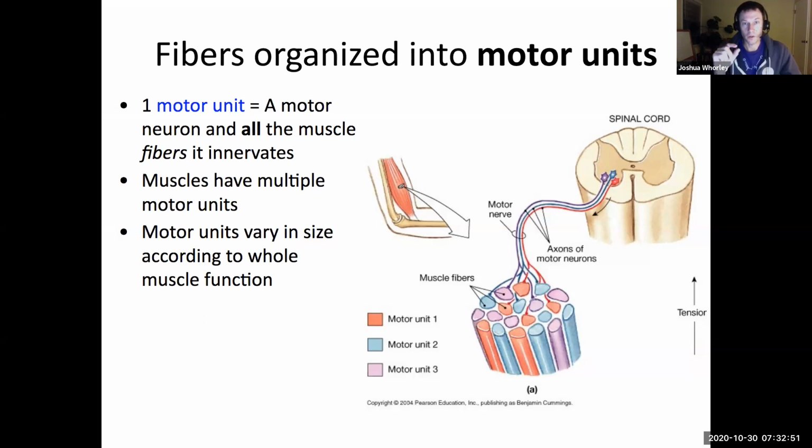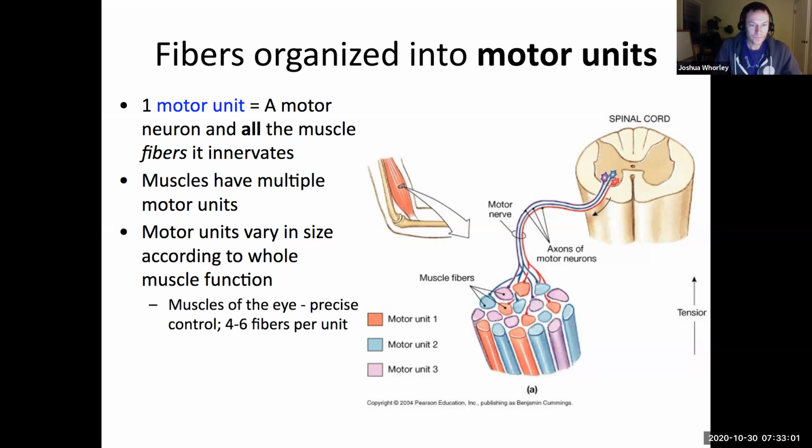So they have much smaller motor units, maybe 5 muscle fibers per motor neuron. Just as an example, maybe 4 to 6 fibers per unit, or big muscles of the legs, big prime movers, like 1 to 2,000 fibers per unit.